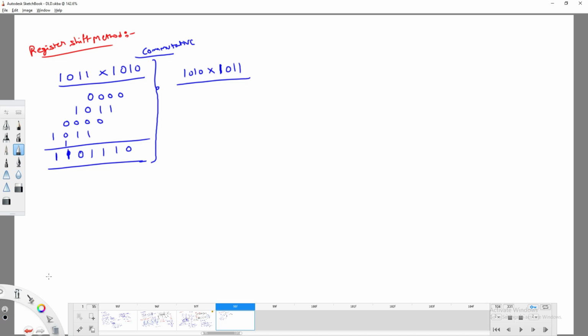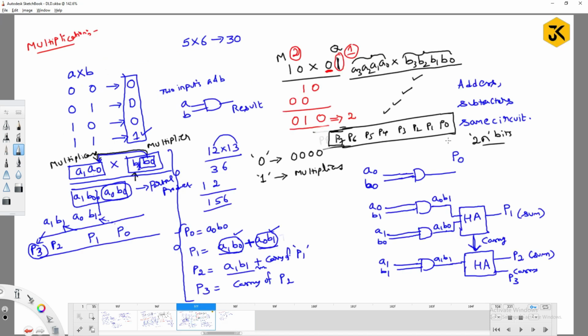See, the final resultant relation contains a maximum of 8 bits. Am I right? That is what I said, right? The final result contains a maximum of 8 bits, right?